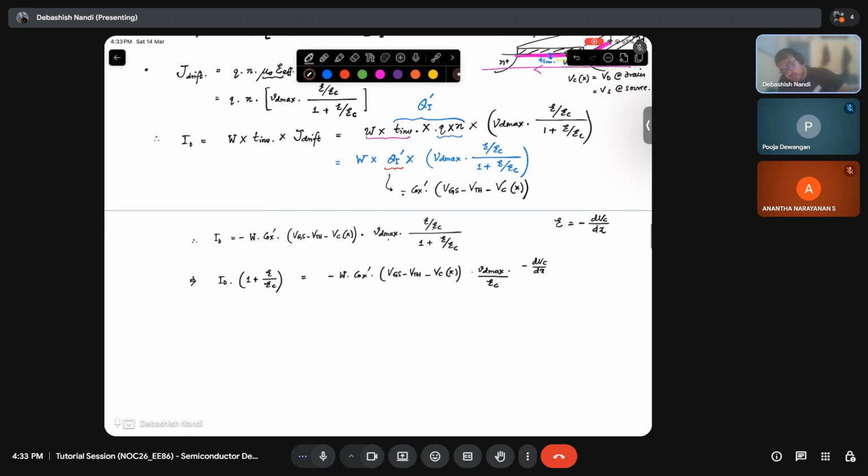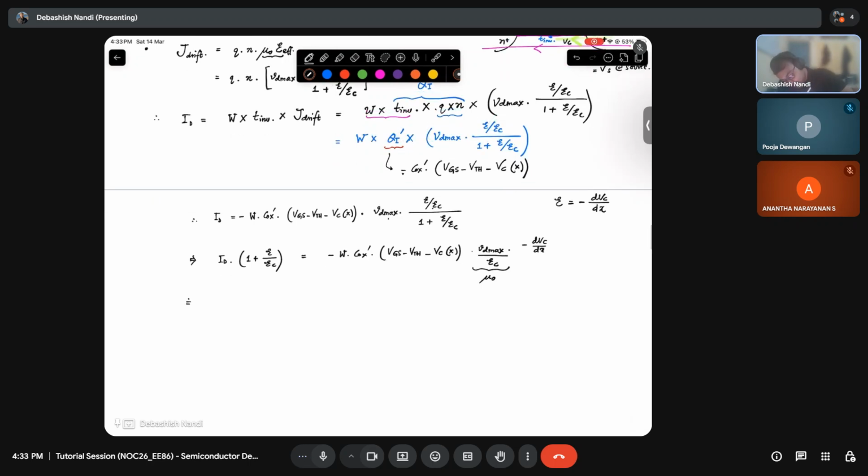So you can see this is your mu 0, right? From definition. So now your ID times 1 plus 1 over EC dVc by dx is equal to W Cox mu 0 times VGS minus VTH minus Vc of x times dVc by dx, right?